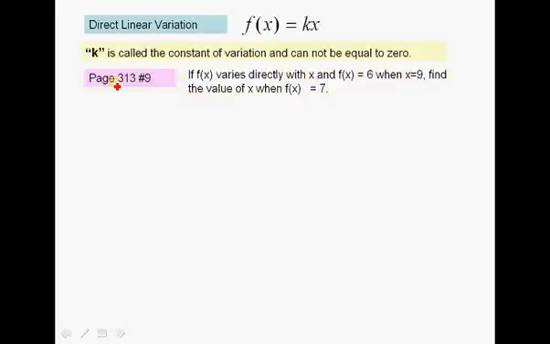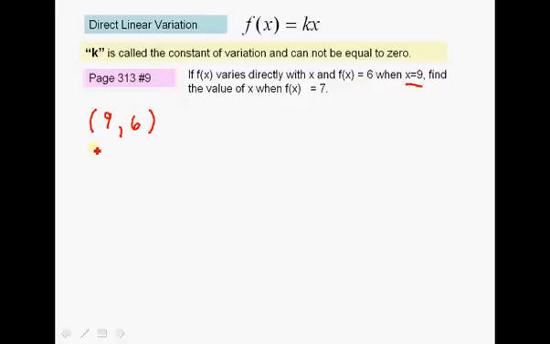So we have the problem on page 313, number 9. If f of x varies directly with x, and f of x equals 6 when x equals 9, find the value of x when f of x equals 7. We know another way to think about f of x is y. So x is 9, and we'll think of this as a point, and f of x, or y, is 6.